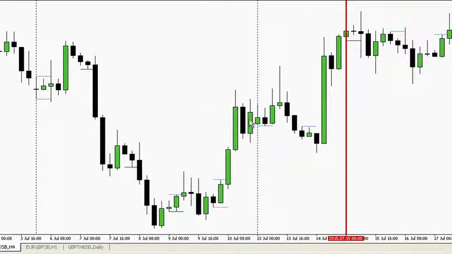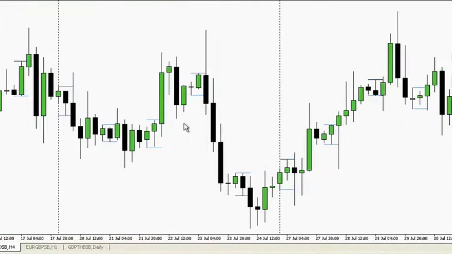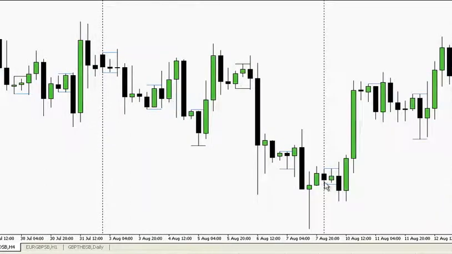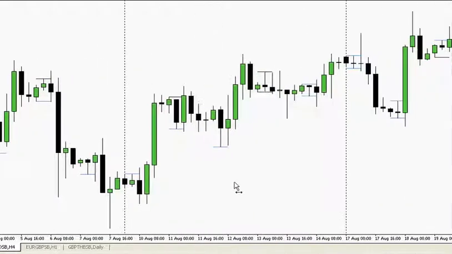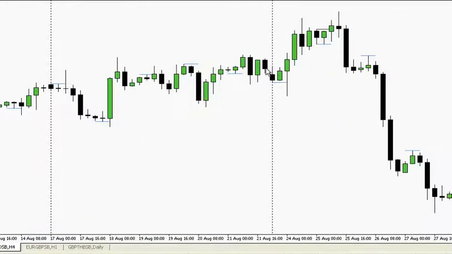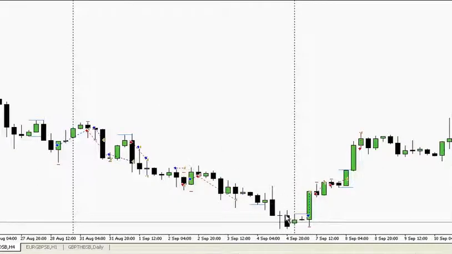Okay, this week it didn't, and this one didn't, and this one close to the low of the week, just recovered in the last, and this one didn't, but then this one did, down at the low of the week. This one at the high of the week. This one didn't, and then this one did, and then this one did.